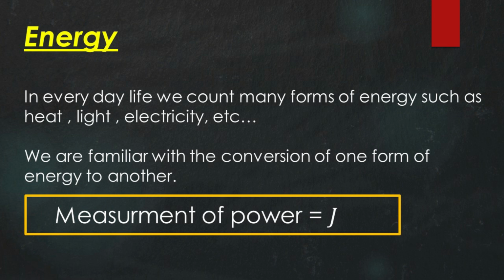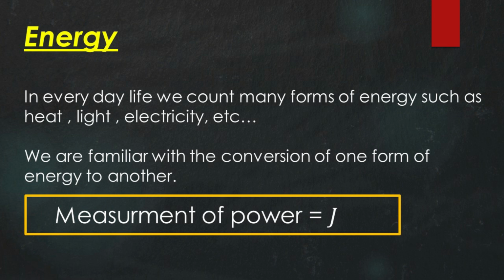So what is actually energy? In everyday life we encounter many forms of energy such as heat, light, electricity, etc. We are familiar with the conversion of one form of energy to another. In our day-to-day life we are using so many energies, such as electrical energy and magnetic energy.